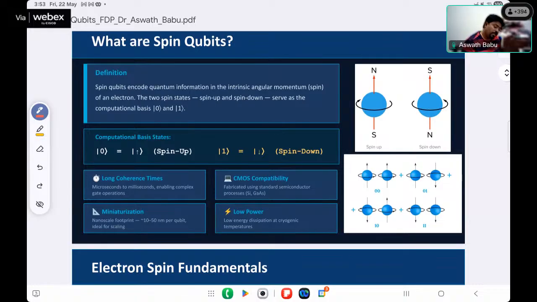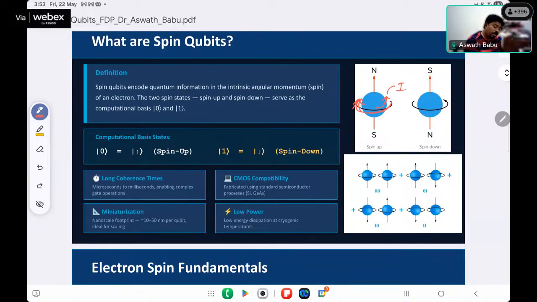Let's say the electron is revolving about its own axis, rotating in an anti-clockwise direction. The electron charge is negative and is rotating anti-clockwise. What is the current? Current is exactly opposite. Sorry, if the electron is revolving clockwise, current would be anti-clockwise.